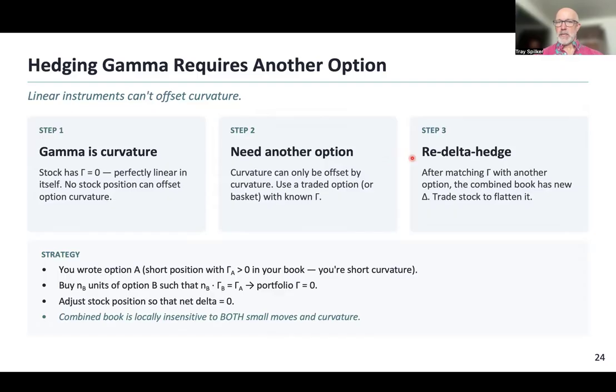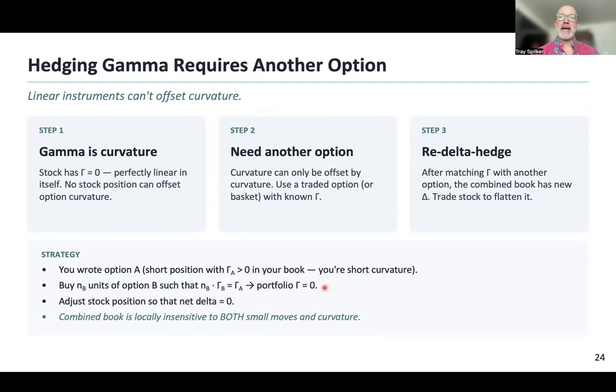All right. So the procedure, strategically, is we wrote an option, let's say option A. So we have a short position in gamma. Okay. So we have to buy some number of units in option B here, such that it offsets our full gamma exposure, such that by the end, we'll have a gamma equal to zero.